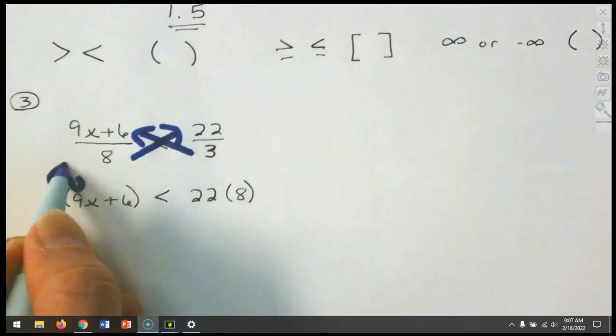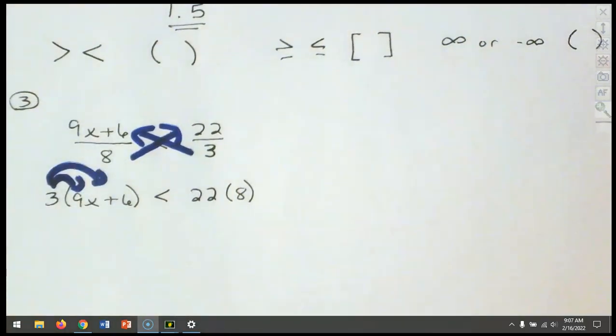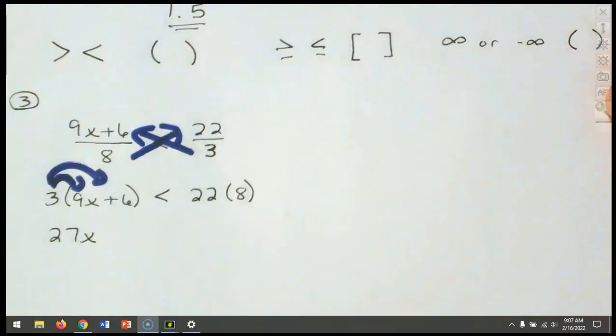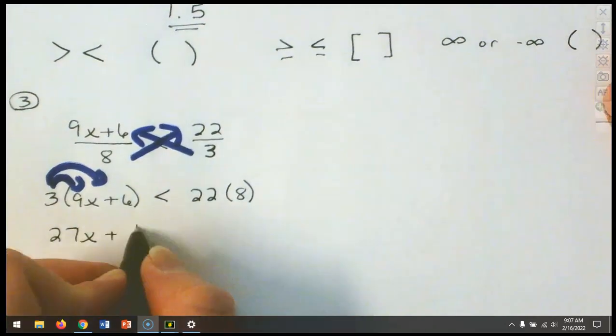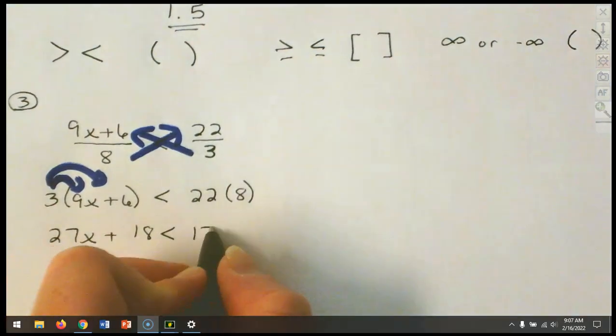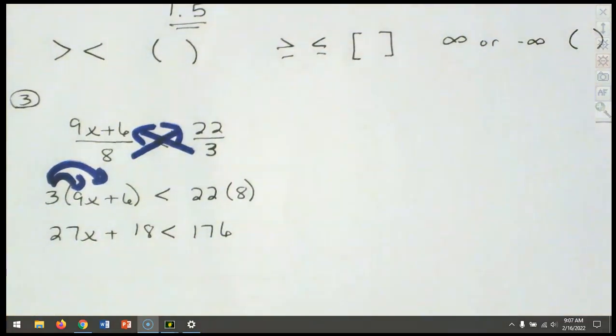So now we just distribute that 3 through. And that is 27x plus 18. And the other side is 22 times 8, which is 176. Okay, so we just simply cross multiply.